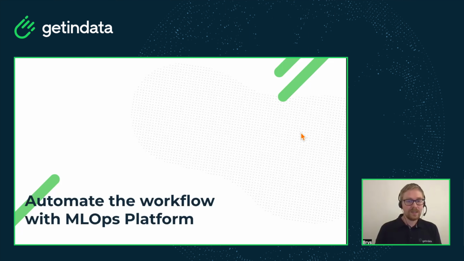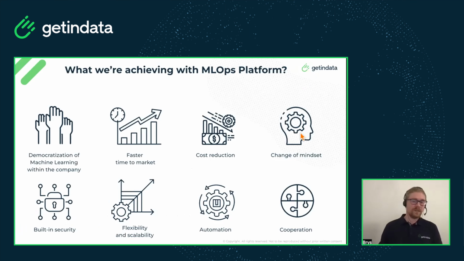In real life, you will need more building blocks to automate the process. The ideal world would be that a data scientist makes some change in the pipeline definition, like a new feature added to the pipeline, pushes those changes to the code repository, and everything happens automatically. For our clients, we propose something called an MLOps platform.